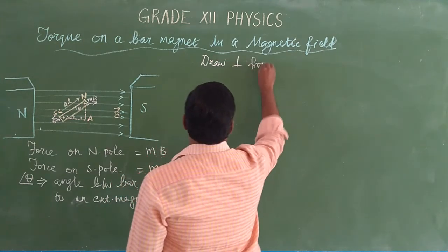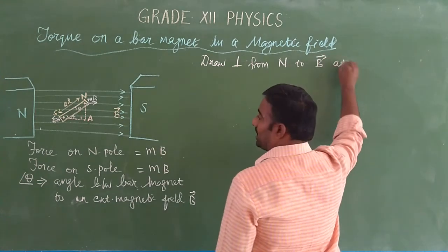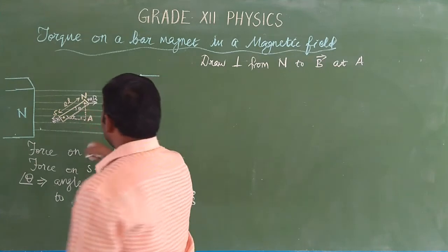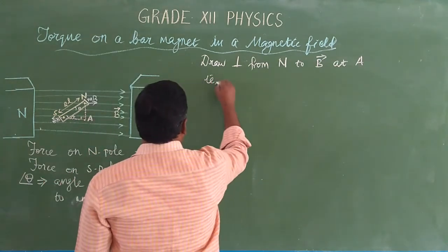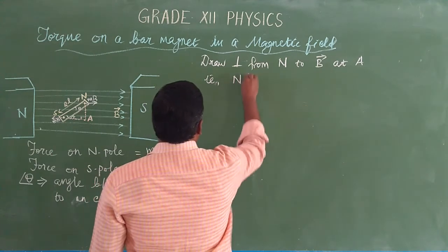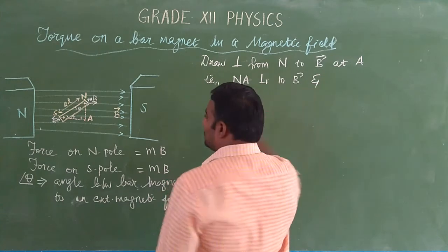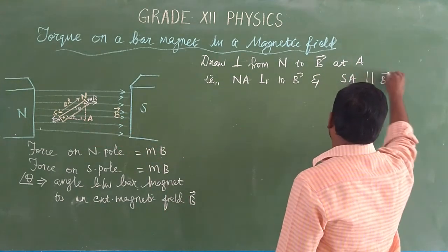Here NA is perpendicular to the magnetic field and SA is parallel to the magnetic field.